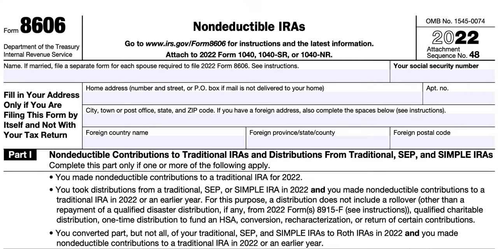So this form helps taxpayers understand and keep track of the basis that they might have in their traditional IRAs.